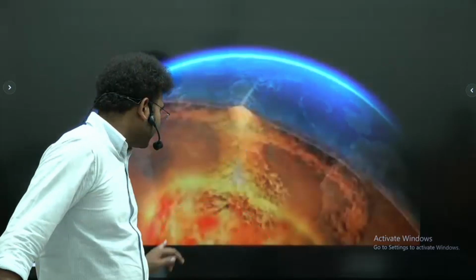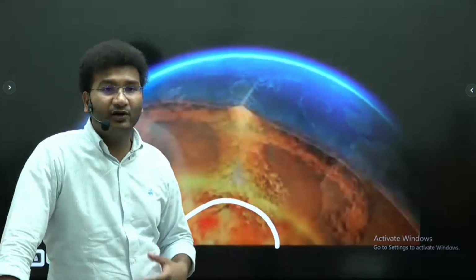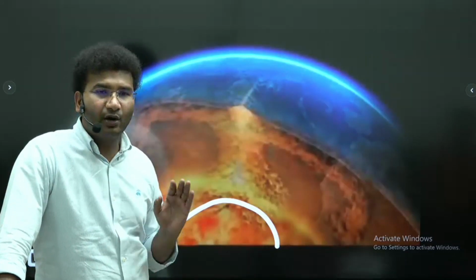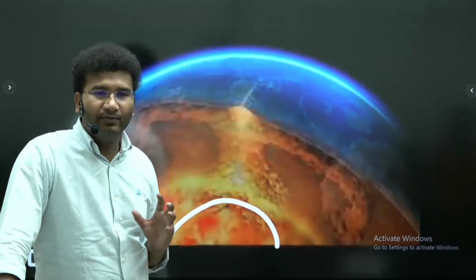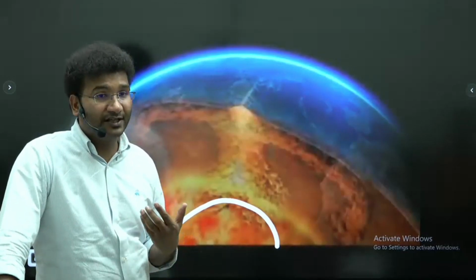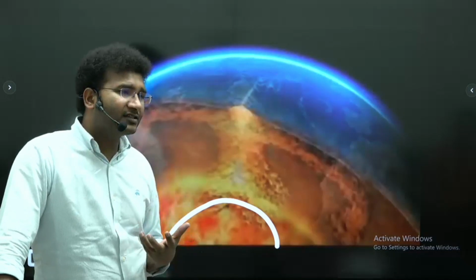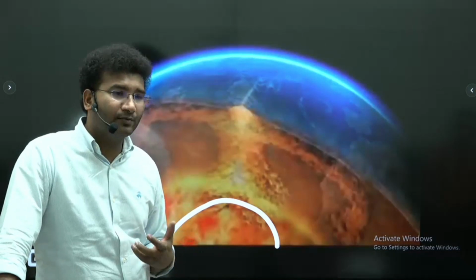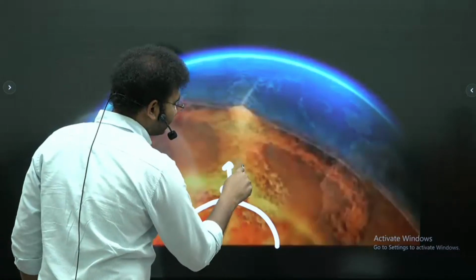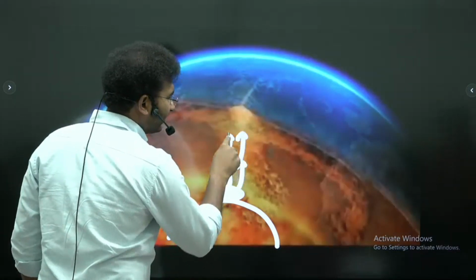Now the first thing I said is that near the core, especially the outer core, there are extreme radioactive materials present in the lower part of the mantle. Because of these radioactive materials, the concentration can sometimes be high, sometimes low. Wherever you find the highest concentration of radioactive materials, from there the material starts to rise. Now this rising material will get cooler.